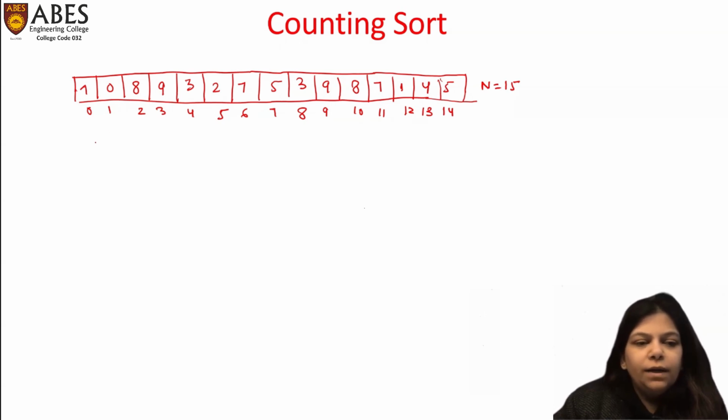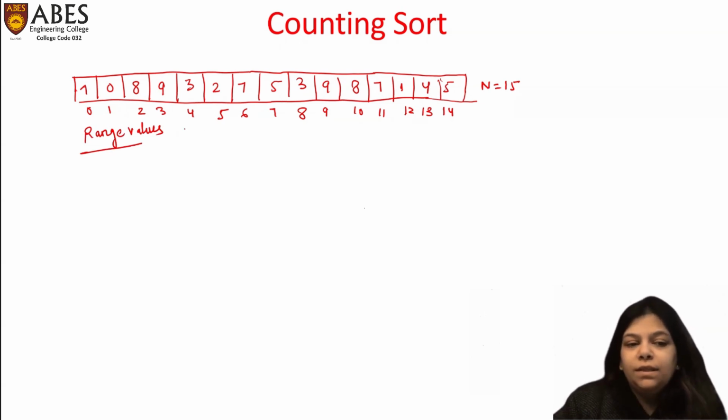First of all, we have to understand that the counting sort works on the input in which the range of values that we have has to be very, very less than the number of elements that we want to sort.